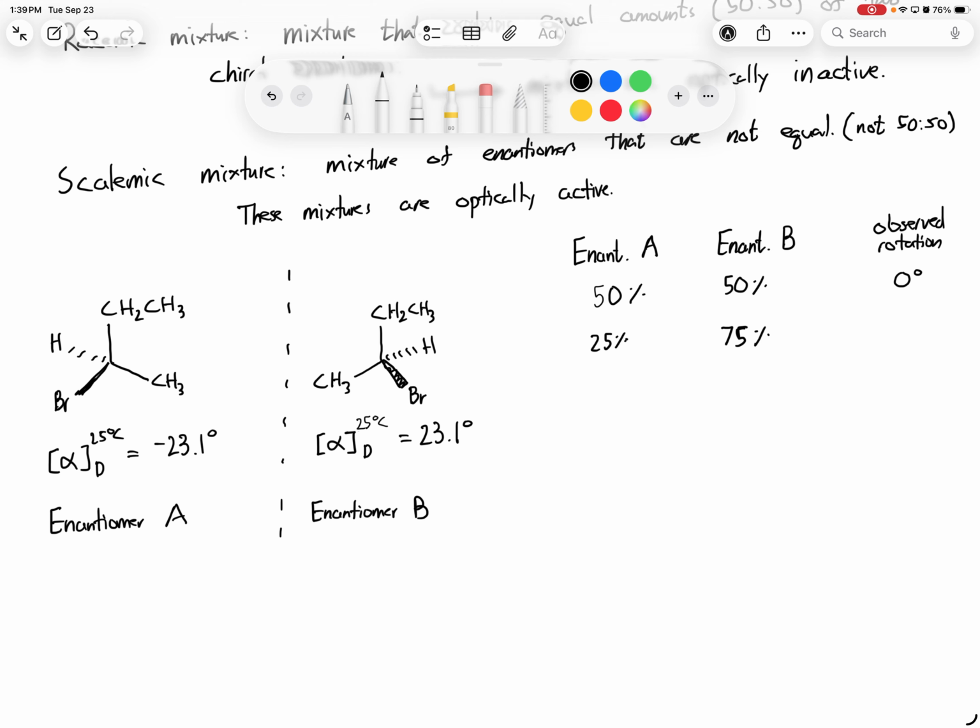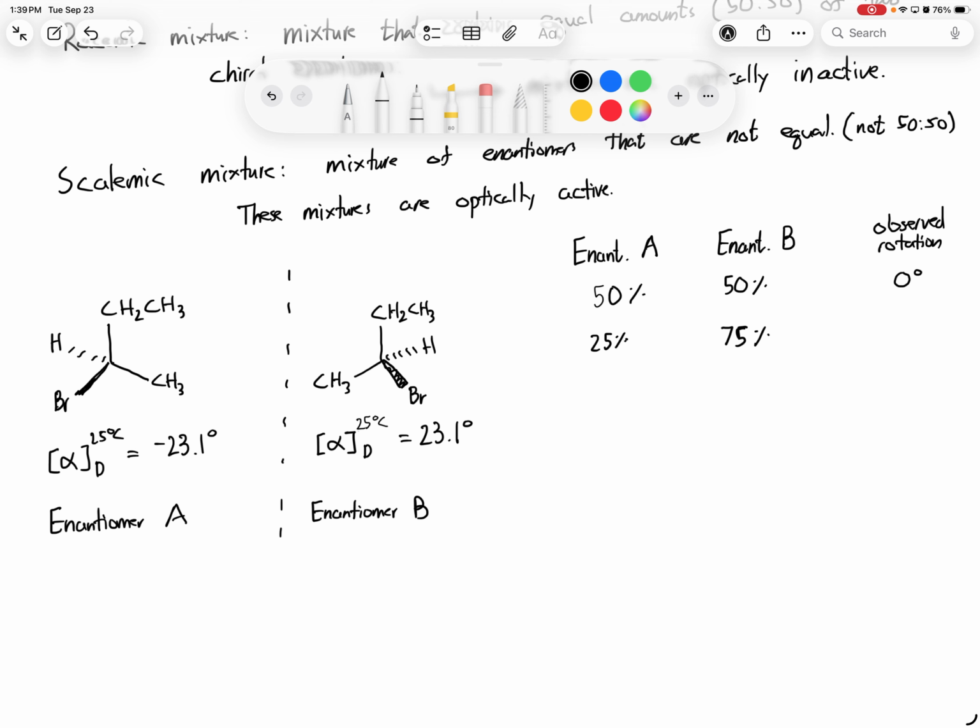All right, now let's see how we got that number. We took the excess amount of B, take that fraction, multiply it by the specific rotation, which is 23.1 degrees, and you get the observed rotation.